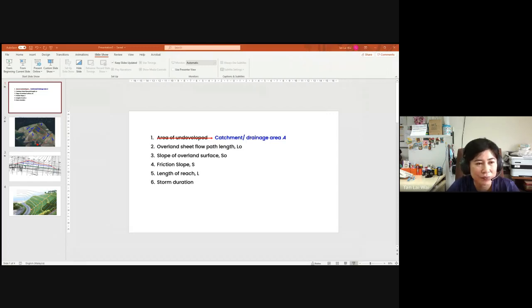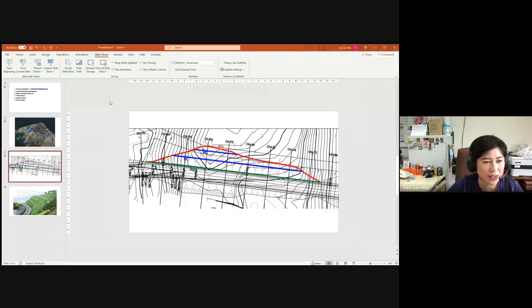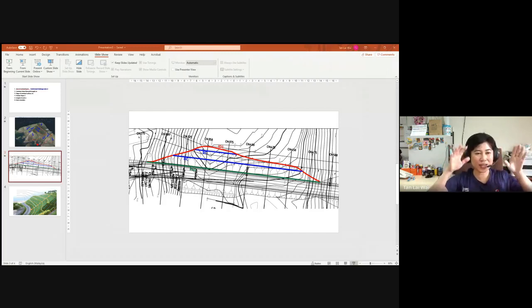Now, let's look at this first, because we have to get the concept right. You have this catchment. Let's go to your drawing. This is the drawing, which is a plan view. That means you are looking from the top, a top view.